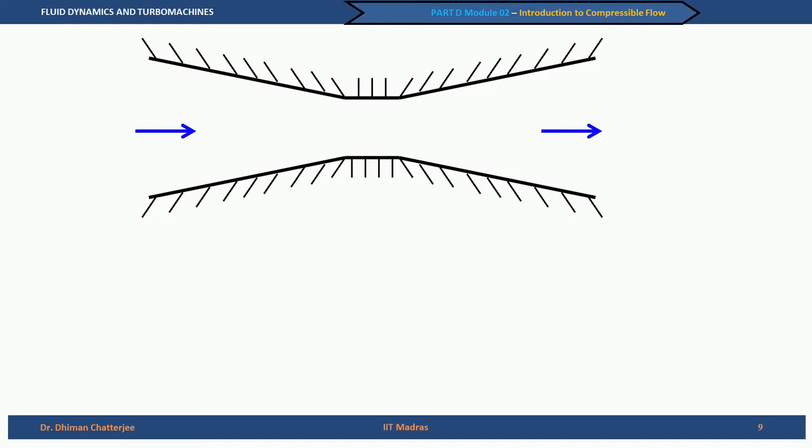Now, this nozzle or CD nozzle, to be more precise, is used in steam turbines, for example. Why? Because what happens is, in a convergent passage you cannot exceed Mach number of 1. At the most what you can get is a sonic velocity at the throat or the minimum area portion.